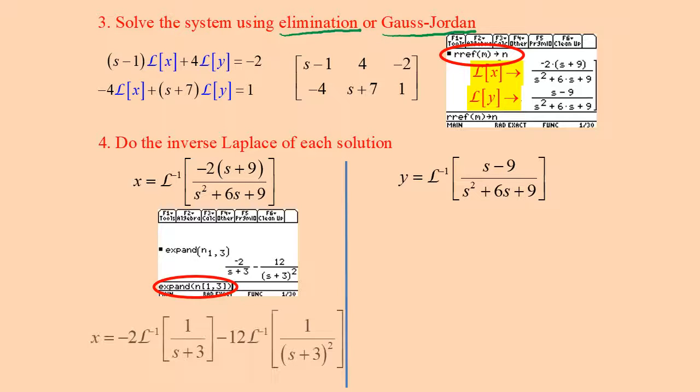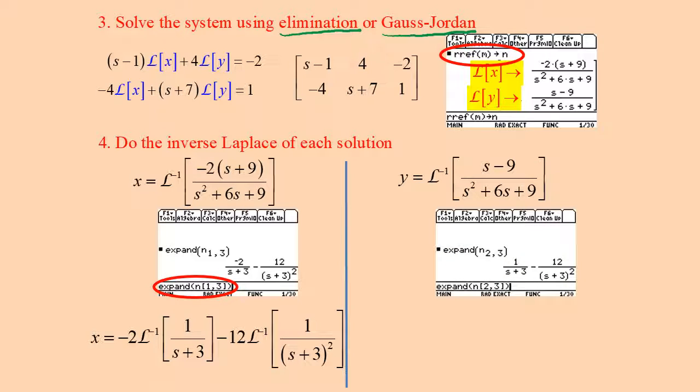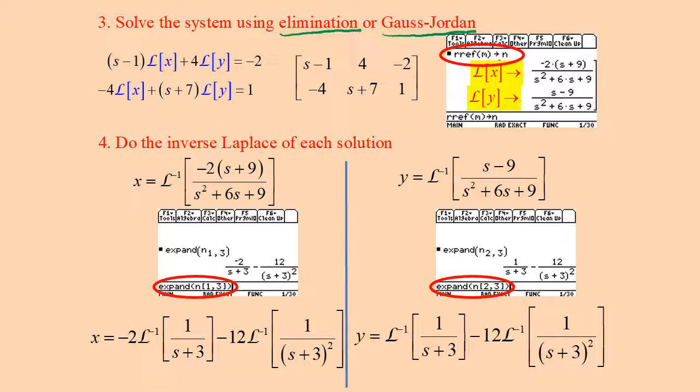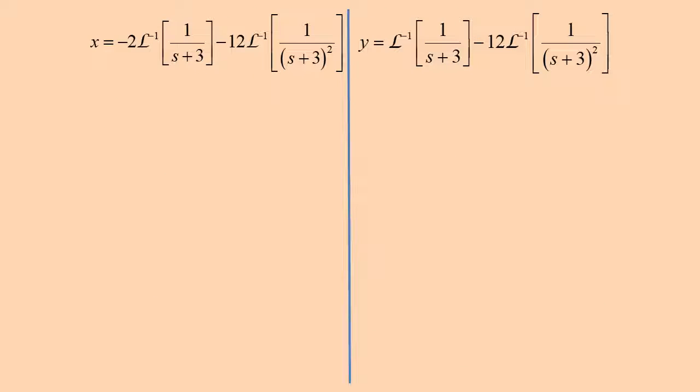And now we'll look those up in the table. Now we'll do the same thing on the other one. Expand it. And then look these up in the table. So, looking in our table, the inverse Laplace of 1 over s plus 3 would be e to the negative 3t.